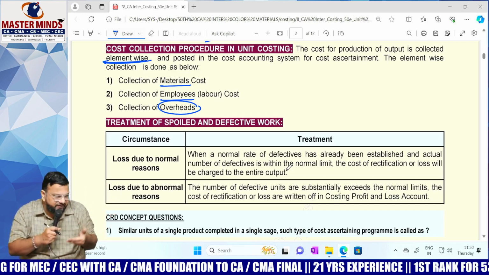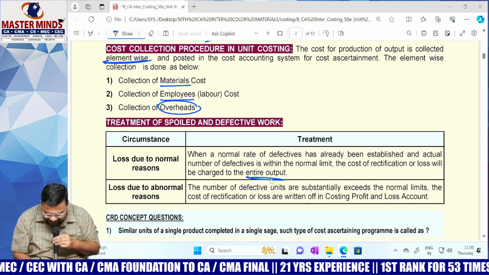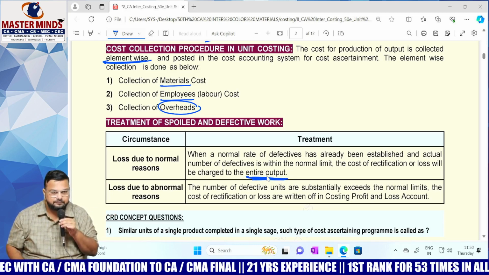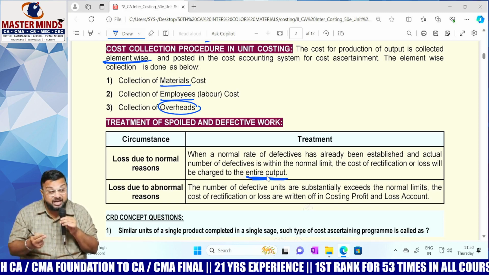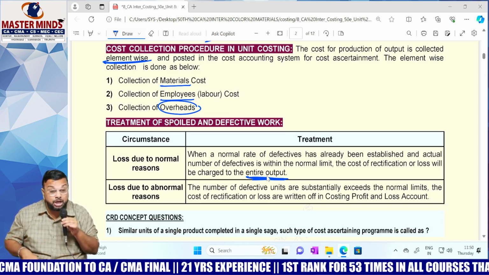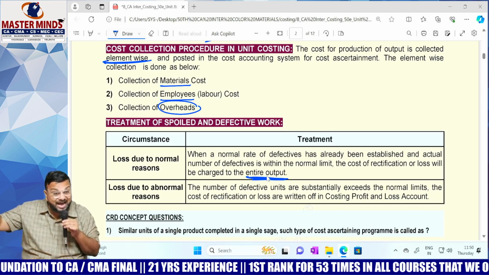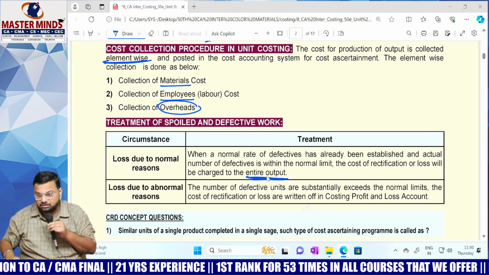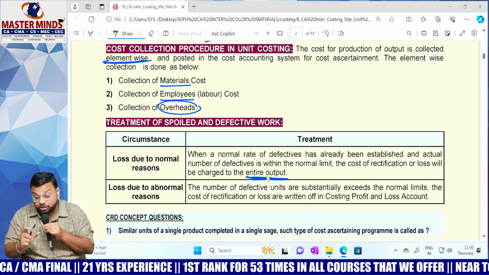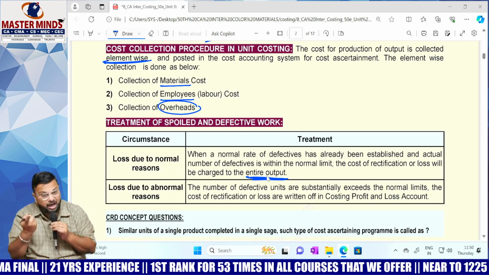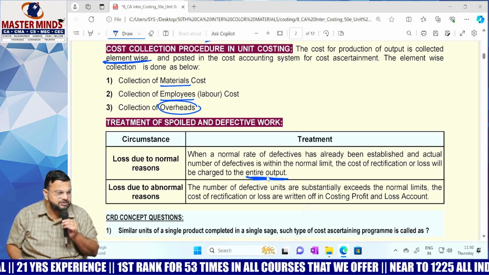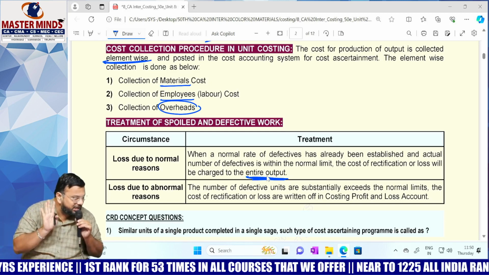If any rectification cost is incurred, it will be charged to the entire output. That is the reason why we are treating it as overhead. When you treat it as overhead, Nana, you have to distribute it on a reasonable basis to the entire output. Here, what we will do is simply divide by the number of units produced. Am I clear?